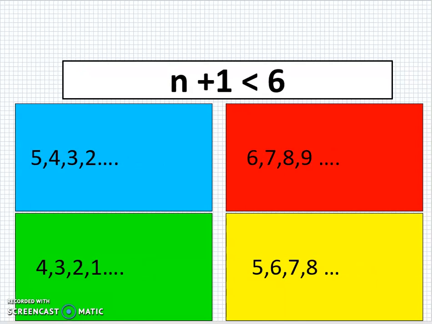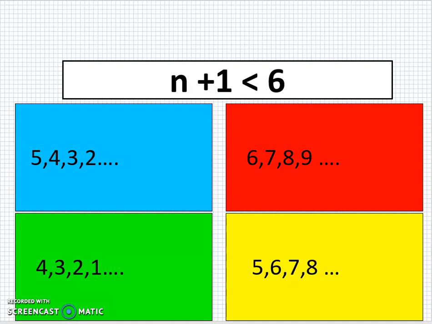This one here, n plus 1. So have a go with this one, have a little think. So based on this, you've got to think carefully. N plus 1 is less than 6. Your values for n, if you think logically, okay, if whatever n is plus 1, it has to be less than 6.